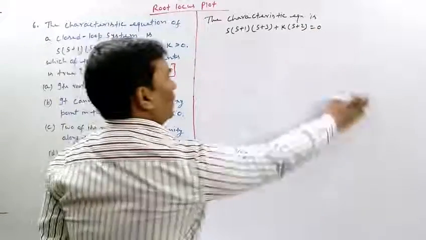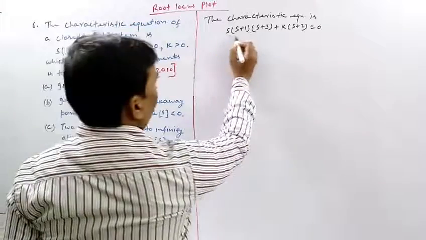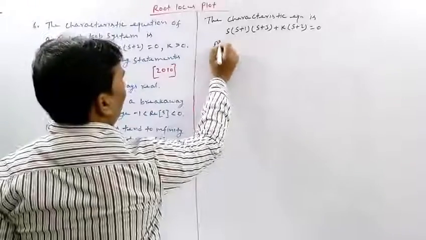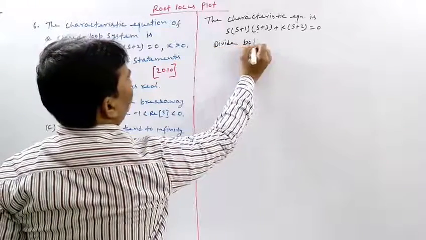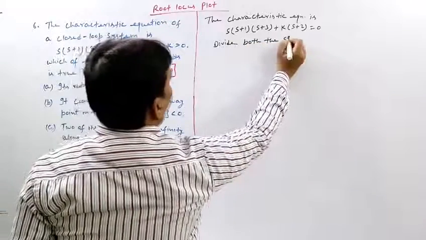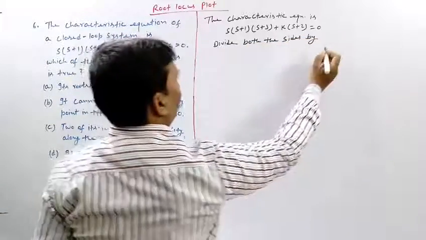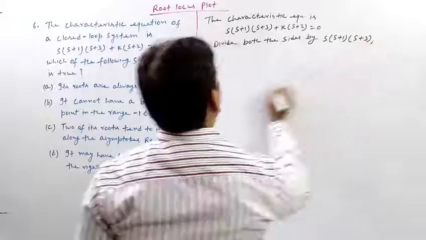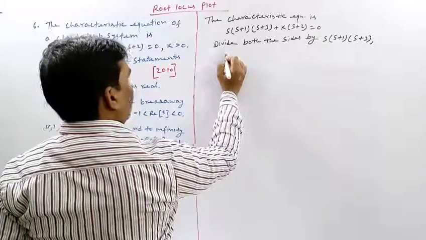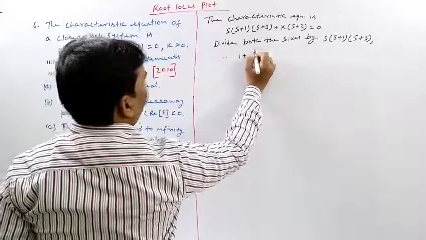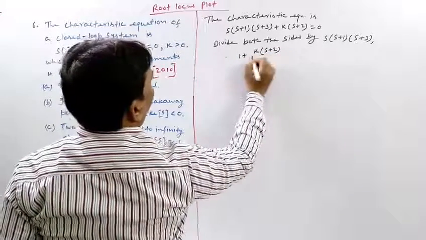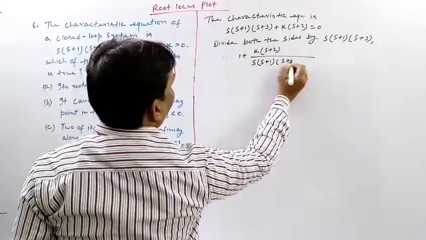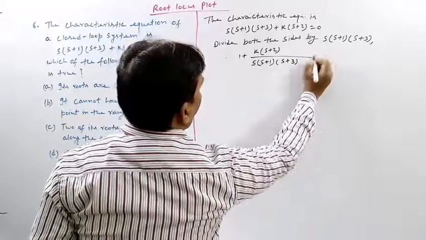Let us divide both sides by the first term, that is S multiplied by S plus 1 multiplied by S plus 3. Hence 1 plus K multiplied by S plus 2 divided by S into S plus 1 into S plus 3 equals 0.